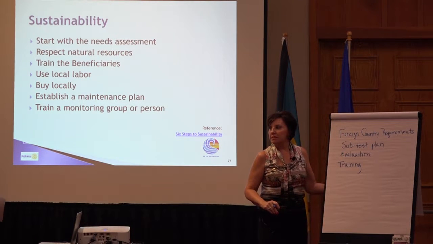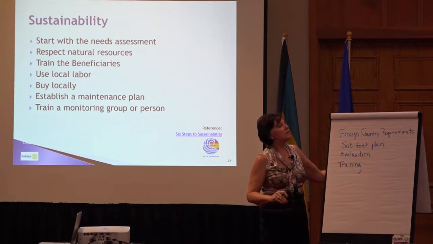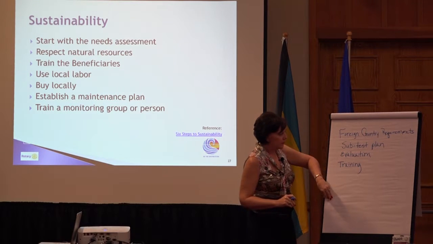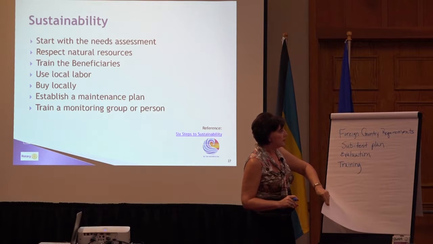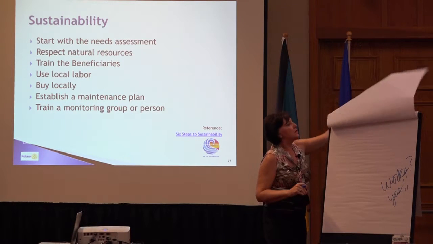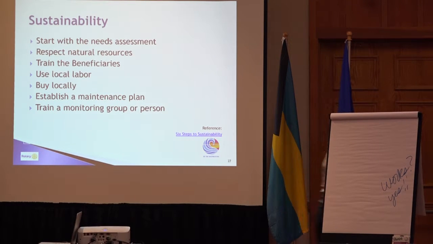Okay, now we're going to look at sustainability. There's a section in here on sustainability, and when you get there, you want to start with that needs assessment, because starting with the beneficiary in mind is a really important thing. You can find lots of different ways of thinking about sustainability. The list I put down here is from experience and also from RI.